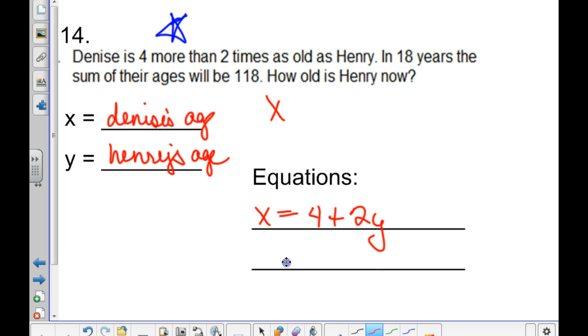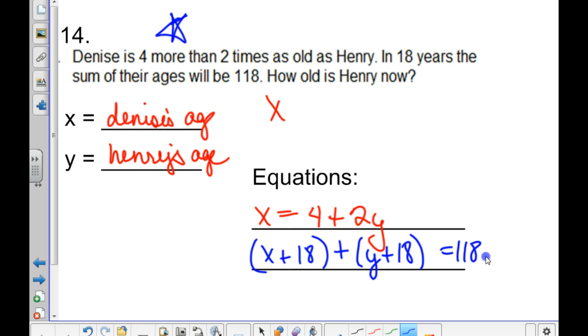In 18 years, the sum of their ages will be 118. Does anybody think they know how to write that equation? Equals 118 as we add. Good job. We're just saying 118. Denise is going to get 18 years older. Henry is going to get 18 years older.